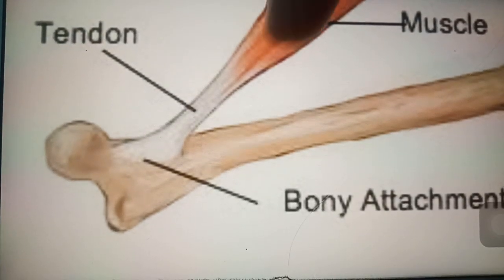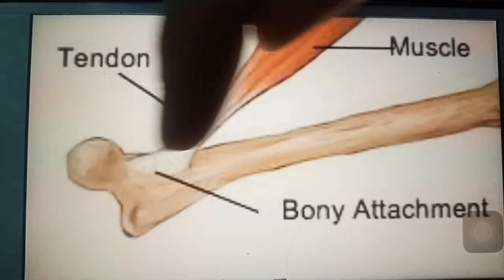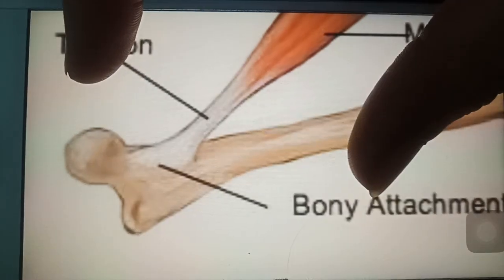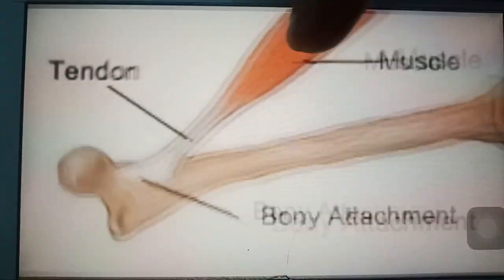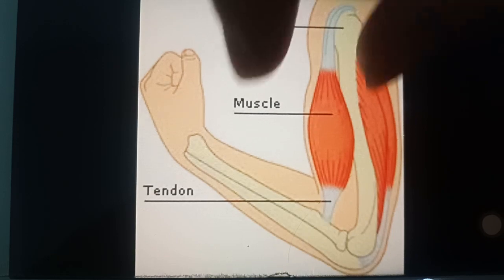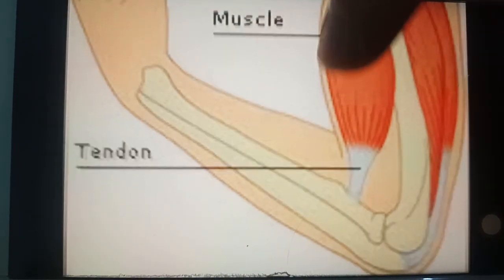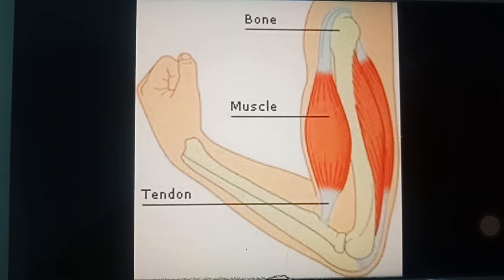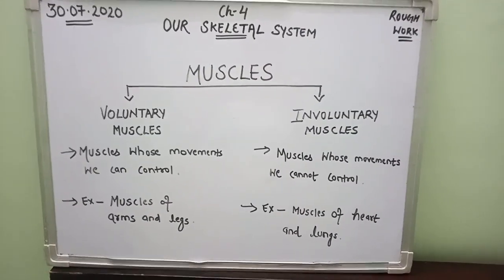This one is your muscle and this is your bone. So muscle and bone, they both are attached with each other just because of this tendon. I hope this image is very clear to you all. Stay focused, kids.